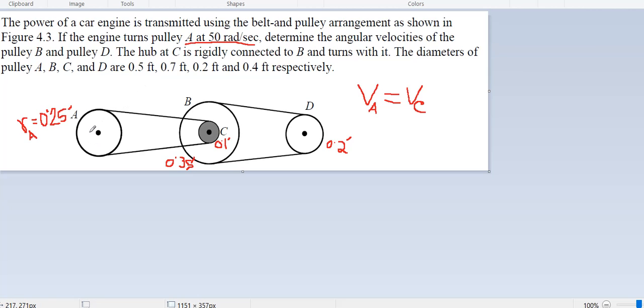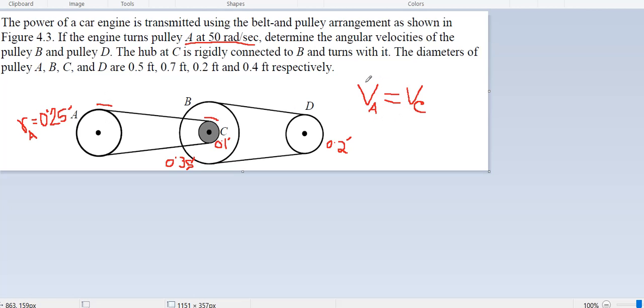Now the theory, what you need to know conceptually, is this: whenever A rotates, C will rotate. Whatever the belt goes this way, it must go the same amount the other way. That means the linear velocity here and here must be the same.